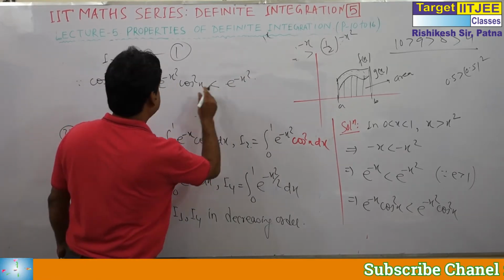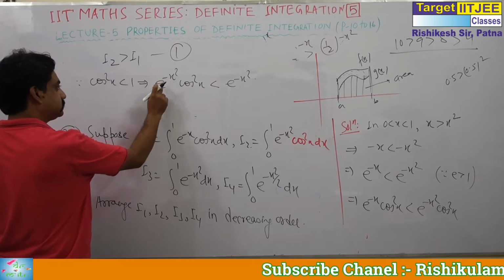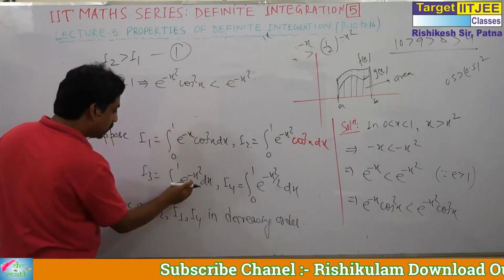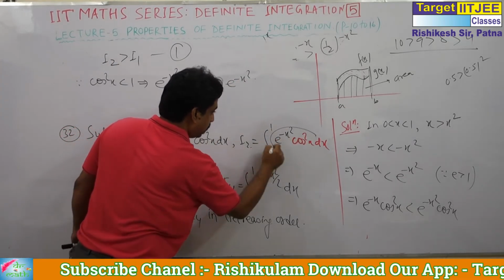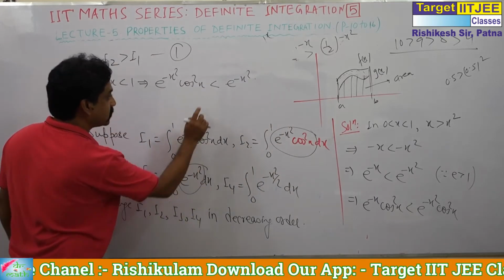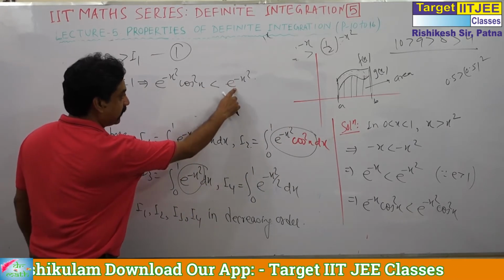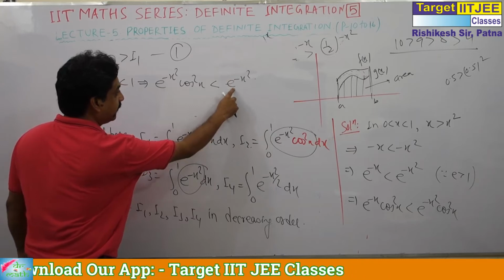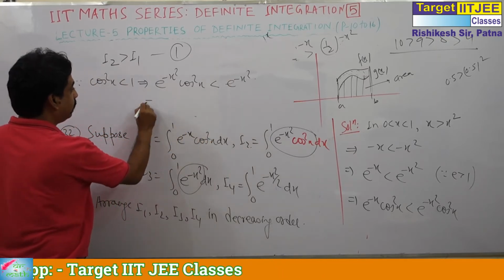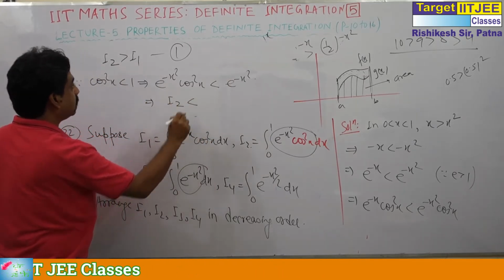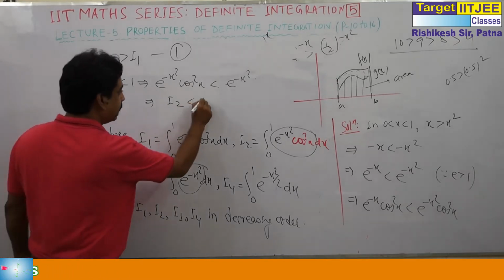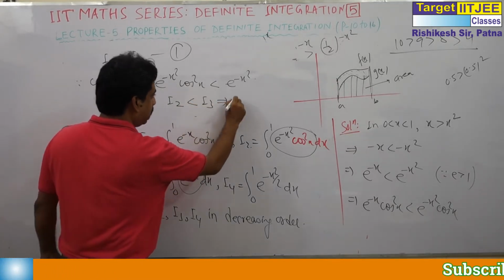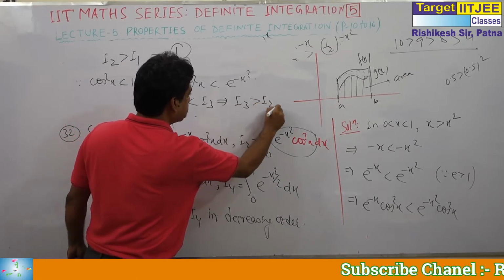Multiply both sides by e to the power minus x square. Now compare these two functions. This one is greater, so the integral value of this will be greater and this will be less. So from here we get I2 is less than I3, and for decreasing order we will write this.